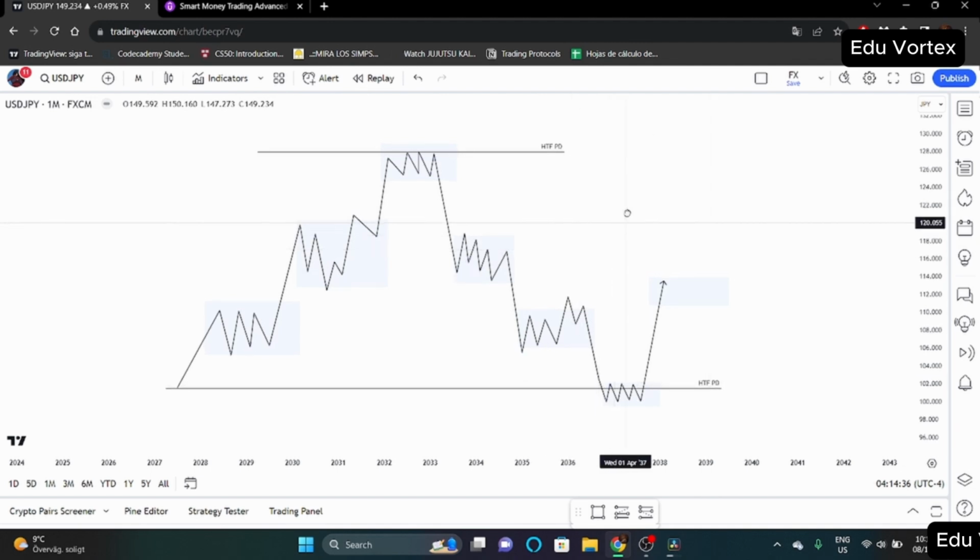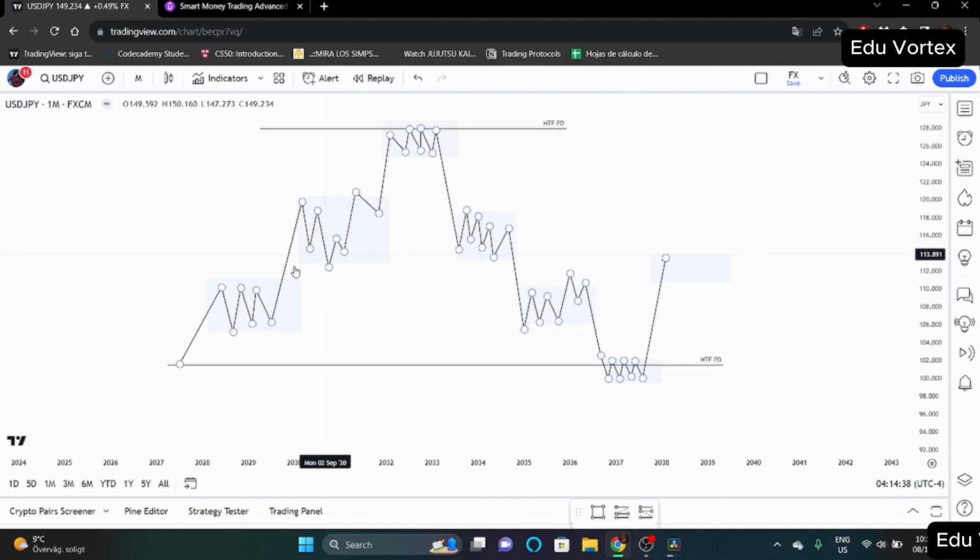So first accumulation, second accumulation, reversal phase, first distribution, second distribution, reversal phase, and so on.